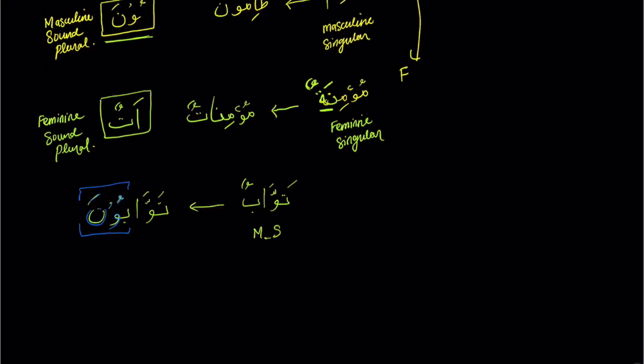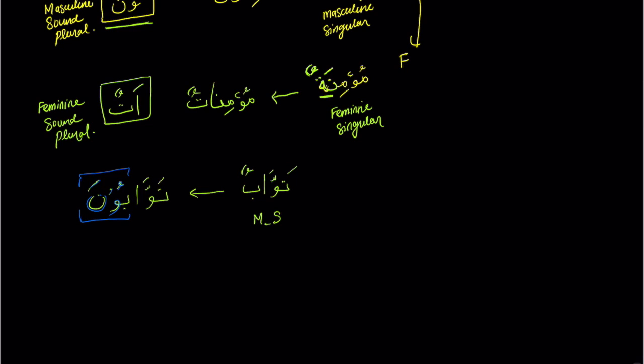Okay, let's look at one more example of feminine. The word ayatun. This is feminine singular, and the plural is going to follow the feminine sound plural, which is ayatun.